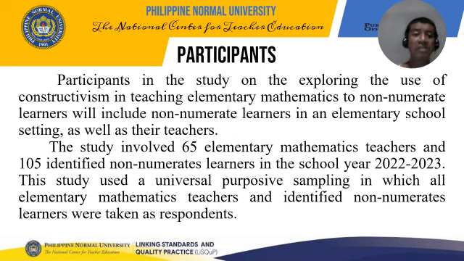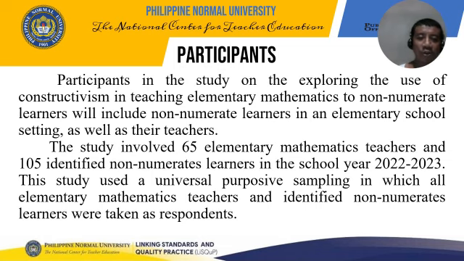The participants in the study on exploring the use of constructivism in teaching elementary mathematics to non-numerate learners will include non-numerate learners in elementary school settings as well as their teachers. The study involves 65 elementary mathematics teachers and 105 identified non-numerate learners in the school year of 2022 to 2023.